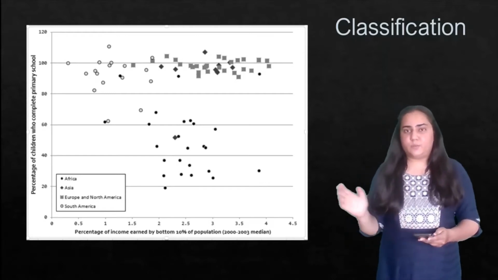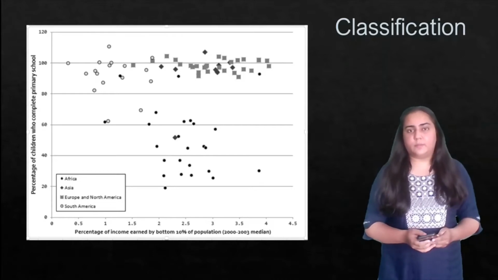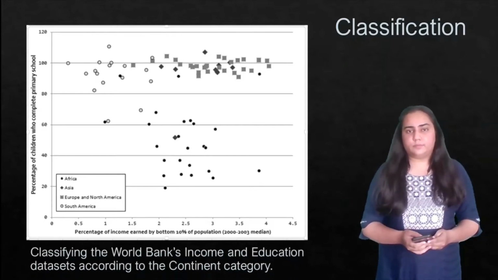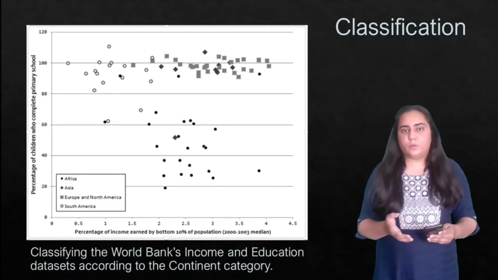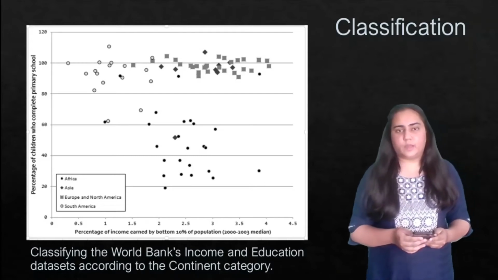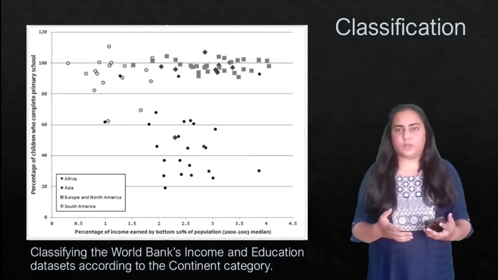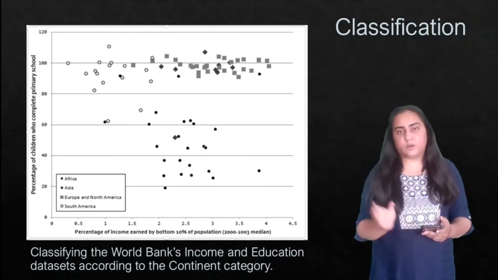So this is the scatter plot for the same dataset. And once again, we are going to find out how classification is performed on the same dataset.